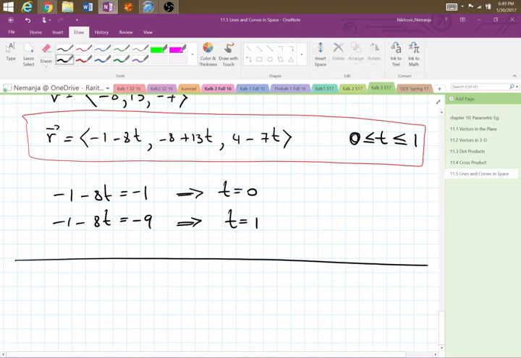So how would you deal with that? You get a set of two equations, and you are supposed to figure out. So here, problem 52.